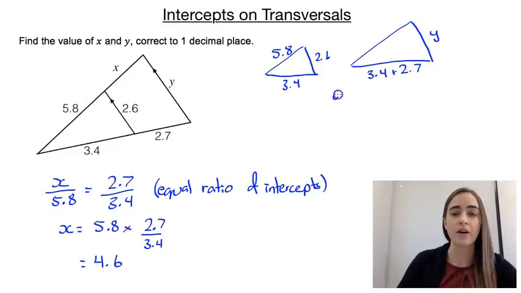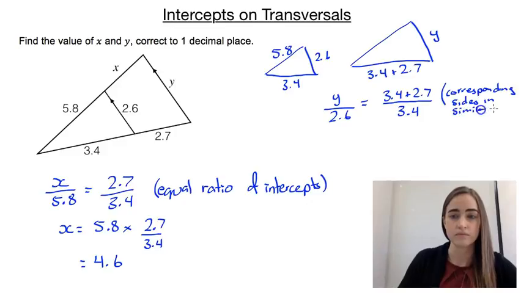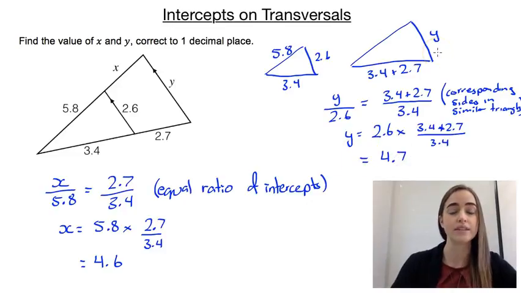So if we match those up, our y over its corresponding side, which is that 2.6, would be equal to this side here, so the whole 3.4 plus 2.7, and you could figure that out first if you wanted to, over the corresponding side, which is that 3.4. And that's because they're corresponding sides in similar triangles. Okay, so then to find y, we're going to multiply both sides by 2.6. And we would end up with 4.7. So y is 4.7 units long.